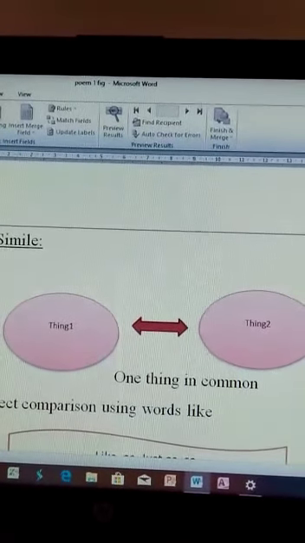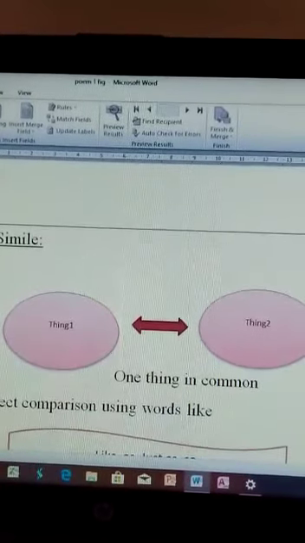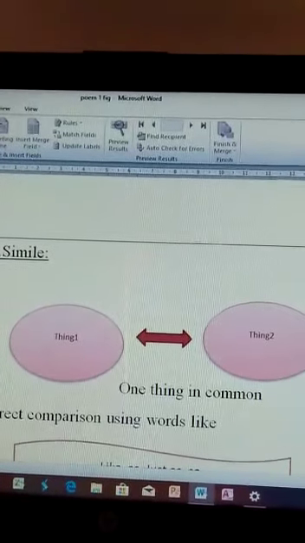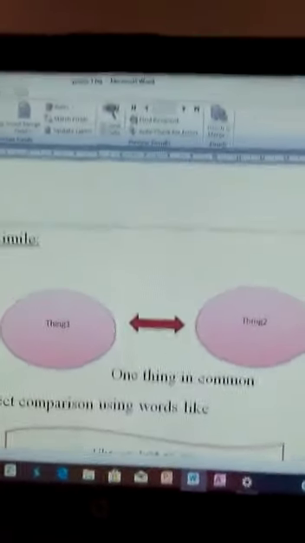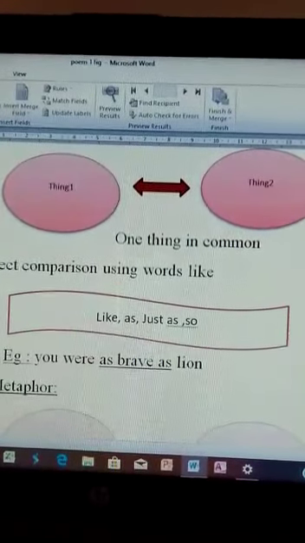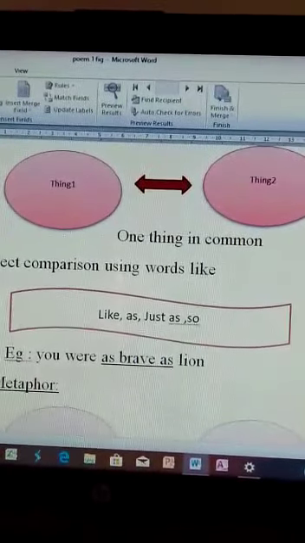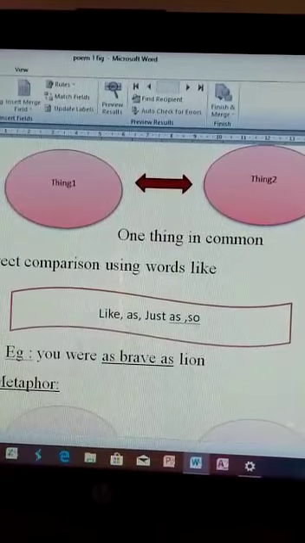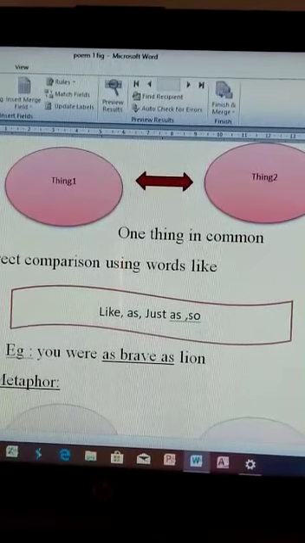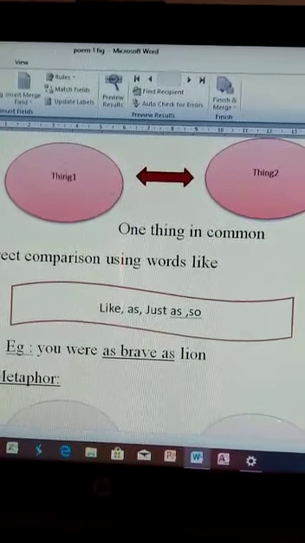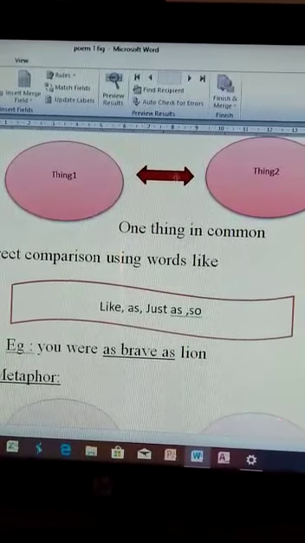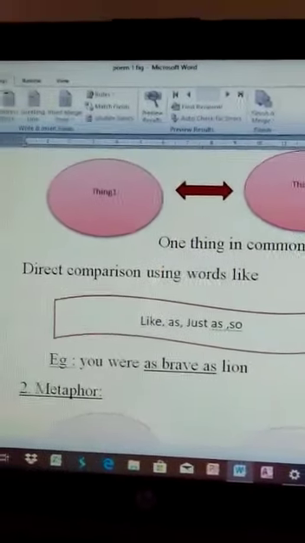So if two things are compared using words like "like", "as", "just as", "so", it is called a simile.